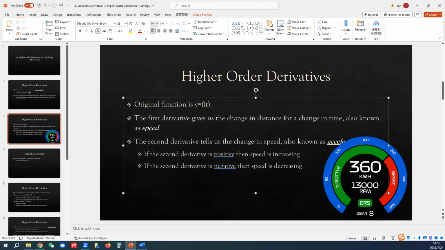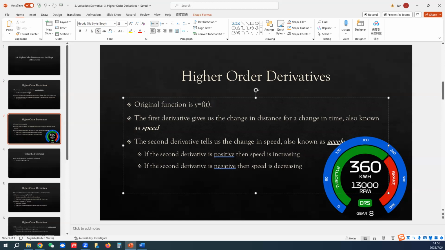So now the first order derivative actually tells you the change in distance for a changing time, right? So that's speed. If it is, say, the average change rate of distance per time, then that's the average speed.